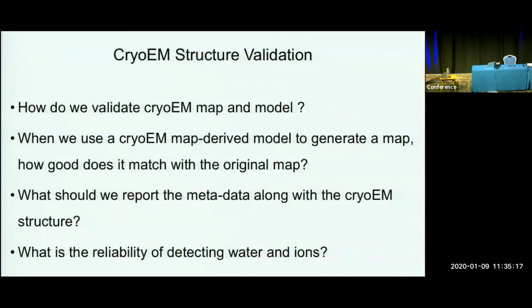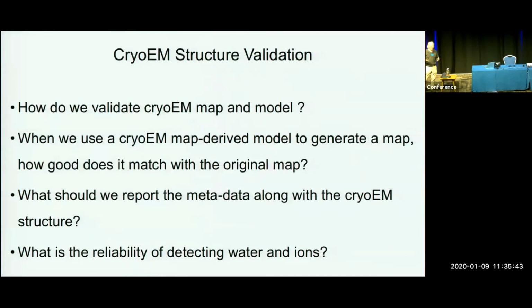How do we validate both the cryo-EM map and the model? Because when we talk about a cryo-EM structure, there are two data: one is the map, the other the model. Keep in mind, a model is a simplistic representation of the density map so we can comprehend it. Whatever we show in the model has to look like the experimental measurement, namely the map data.